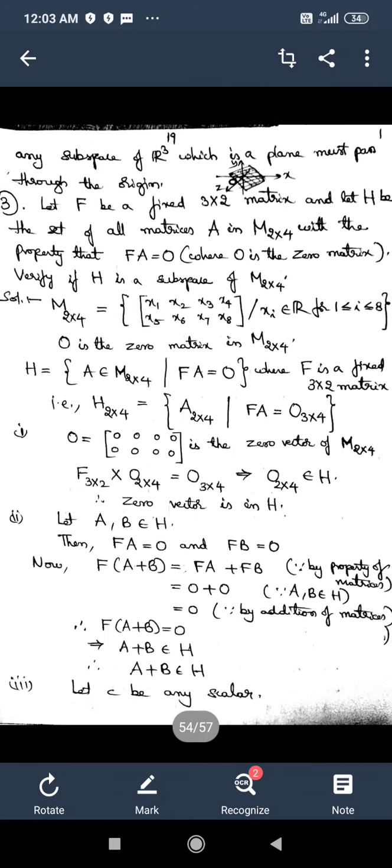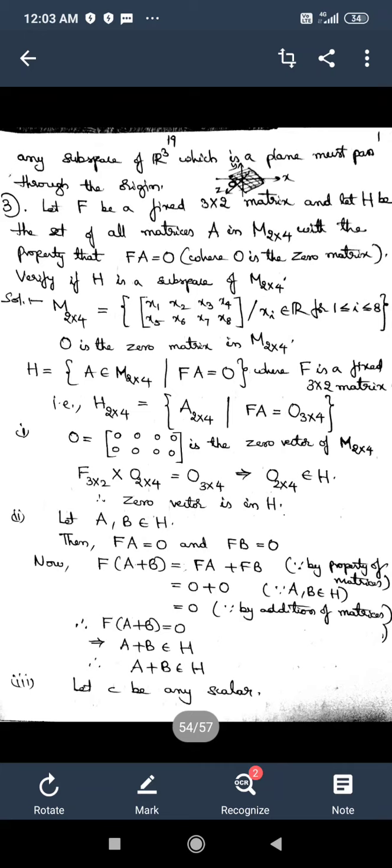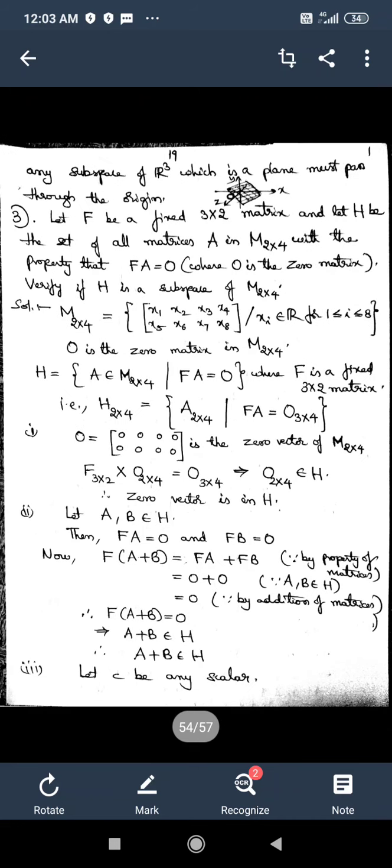Now moving on to the third problem. Let capital F be a fixed 3x2 matrix, and let capital H be the set of all matrices A in capital M 2x4 with the property that FA is equal to O, where O is the 0 matrix. Verify if capital H is a subspace of M 2x4, and this is the problem given to us.